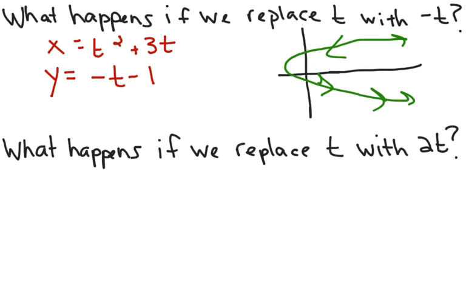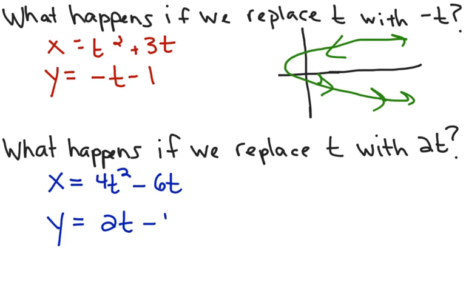Well, then what's going to happen if I replace t with 2t? First of all, the equations change. So x is 4t squared minus 6t. Y becomes 2t minus 1. When you graph it, again, the graph looks the same.